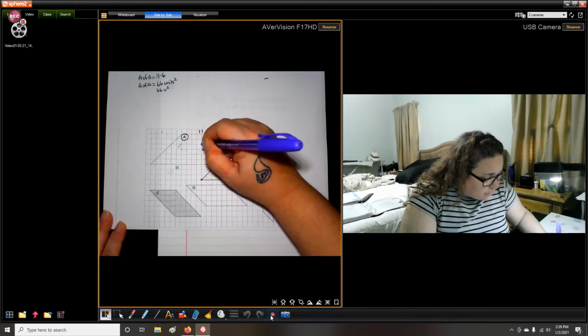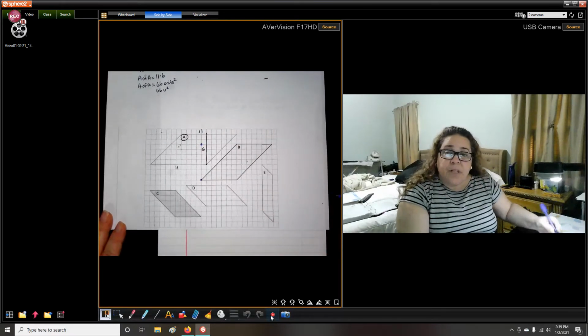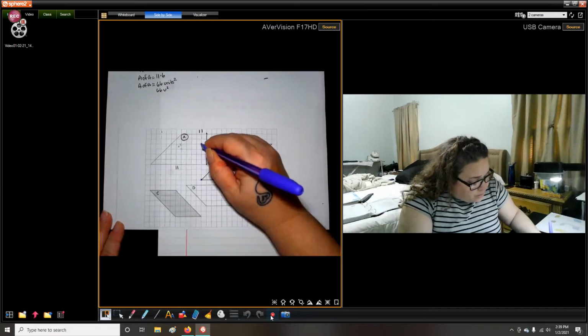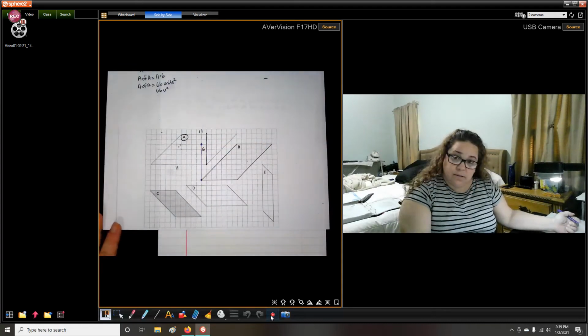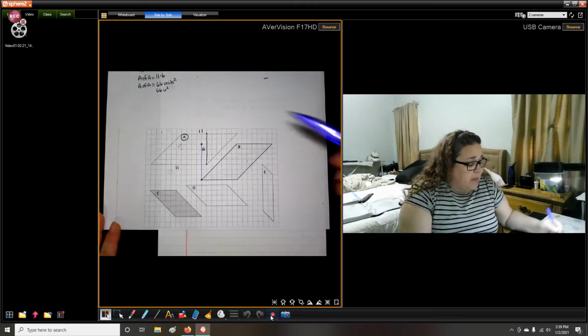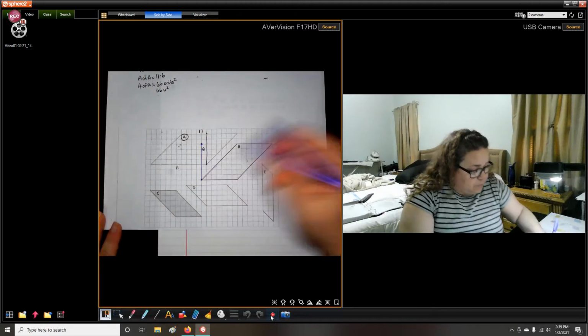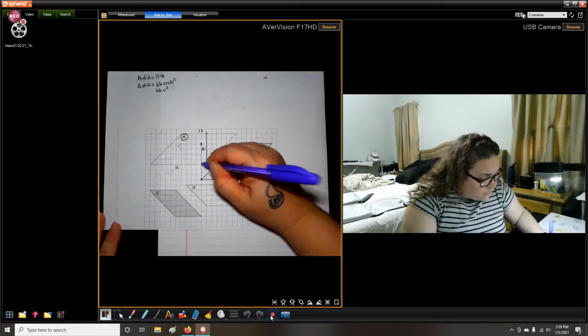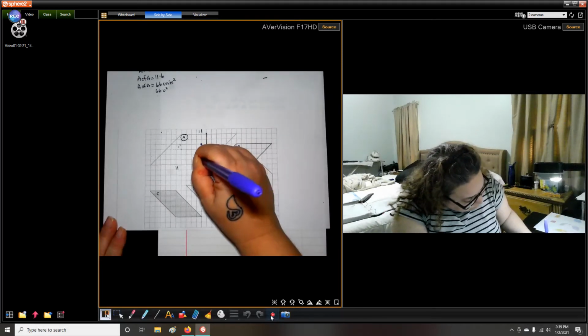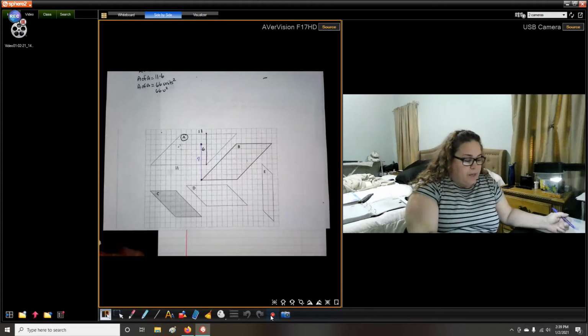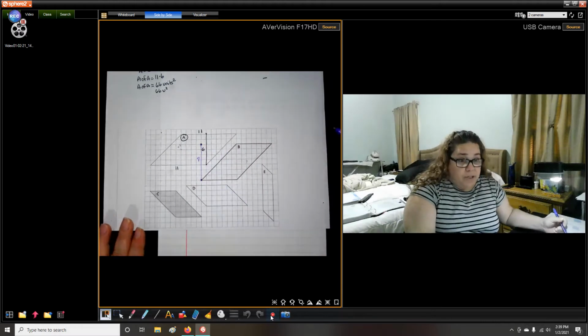Okay, so now that could be my height. All right, so my height for B is going to be 1, 2, 3, 4, 5, 6, 7. Okay. Remember, we never use a slanted line.